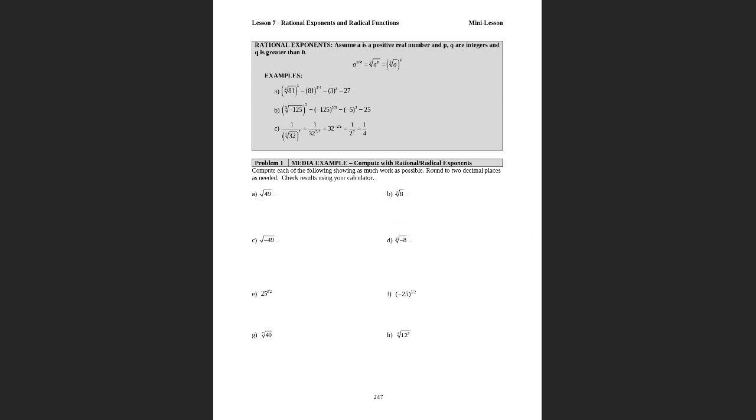Because we've got an odd root, and then a negative number. So we know that this is going to give us negative what? 2. Why -2? Because -2 times -2, negative times negative is positive, +4, times -2 is -8. Okay, that's how you do it.